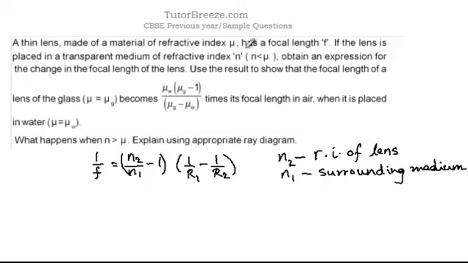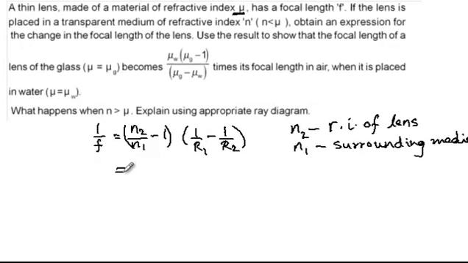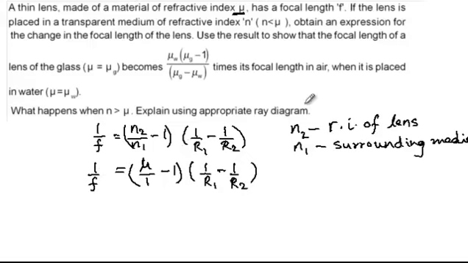Now, according to the first part of the question, the lens is made of refractive index mu and it is placed in air. So in that case, we have mu over 1 minus 1 times 1 by R1 minus 1 by R2. This is the value of 1 by F.